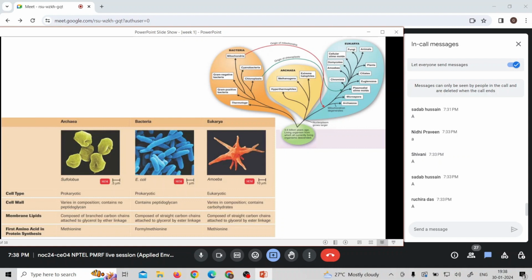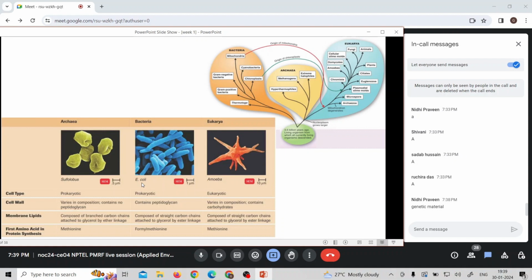Coming to the basic differences between these three domains, as you can see, this is Sulfolobus, an archaea, and here you see E. coli. Maybe most of you would have heard this name, Escherichia coli, be it any background. And here is amoeba.